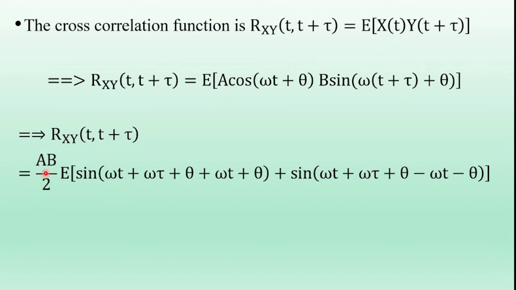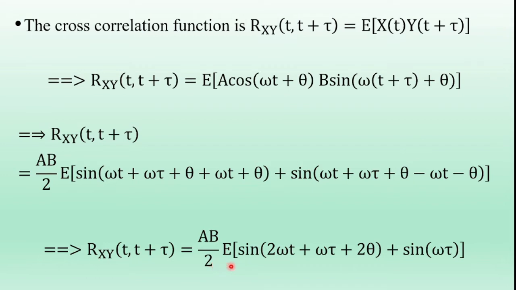We get AB by 2 into expectation of 2 sin A cos B, which is sin of A plus B plus sin of A minus B. Omega t plus theta is the A and omega t plus omega tau plus theta is the B. So sin of omega t plus omega tau plus theta plus omega t plus theta, plus sin of omega t plus omega tau plus theta minus omega t minus theta, which equals AB by 2 into expectation of sin of 2 omega t plus omega tau plus 2 theta plus sin of omega tau.